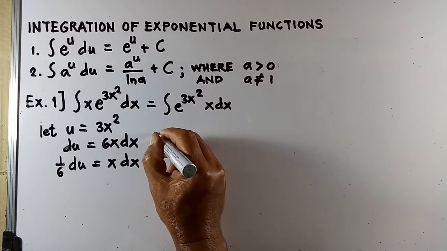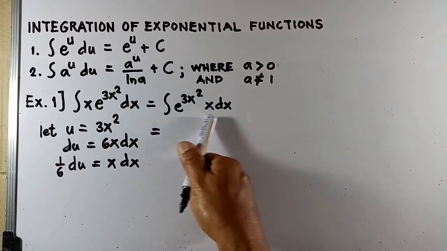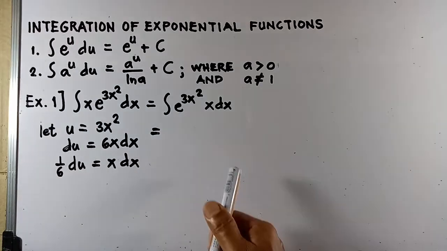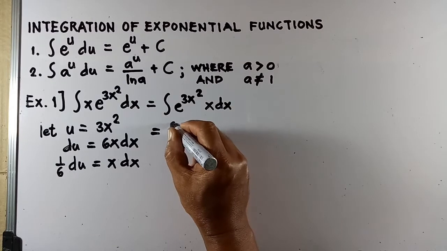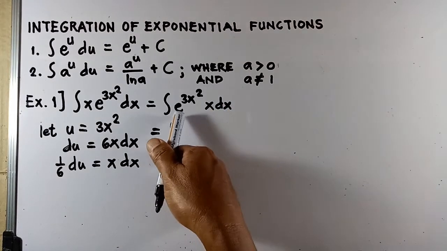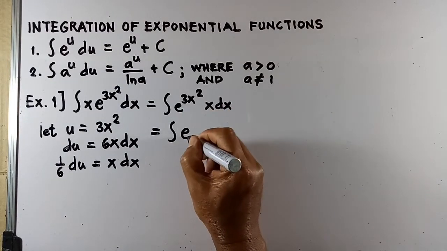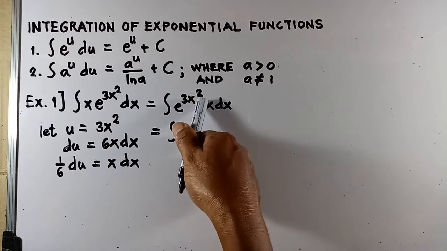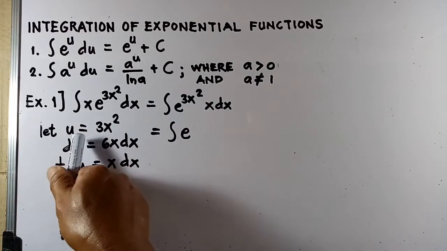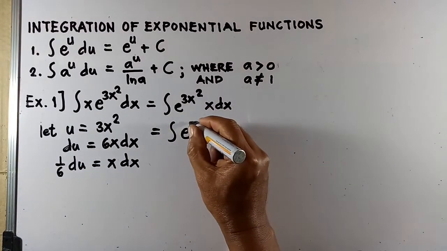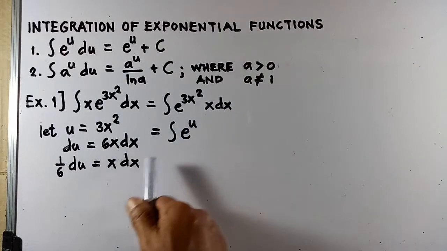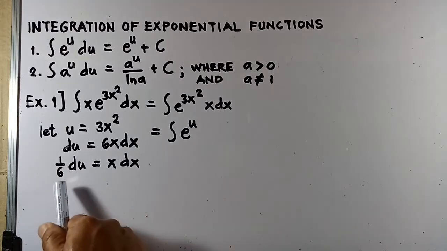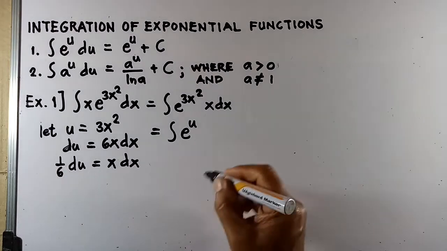After that, gagawin natin, yung problem isusulat natin in terms of u. So, meron tayong integral sign, meron tayong e raised to 3x squared. Yung 3x squared equal na siya sa u, times x dx. But you see, x dx equals 1 over 6 du.